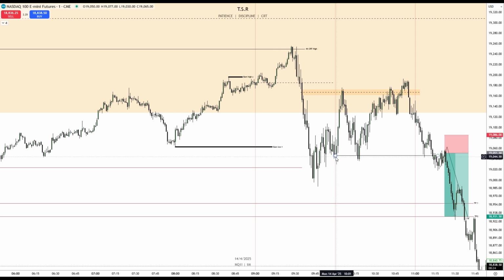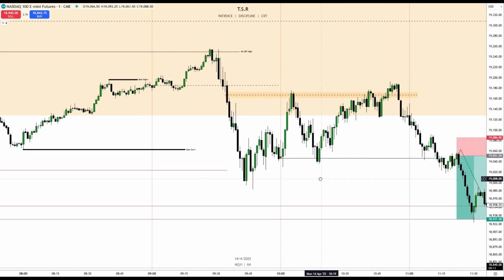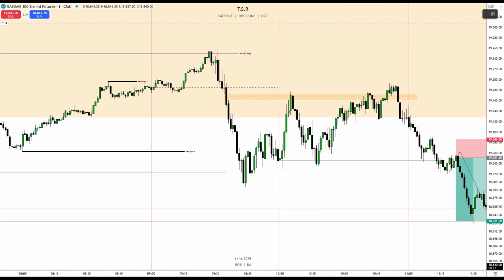The 10 a.m. 1-hour candle opened and retraced to the upside, expanding to the upside with little to no price action below the 10 a.m. open. If you look at this price action down here, price opens and has one little wick below that open.